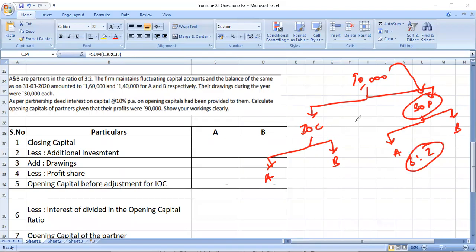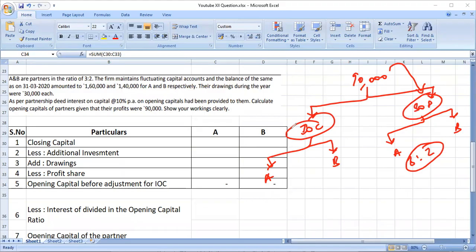The ratio in which the interest on capital portion of the 90,000 would have gone to A and B is the ratio in which the opening capitals were there, which we do not know. That is what we have to calculate.